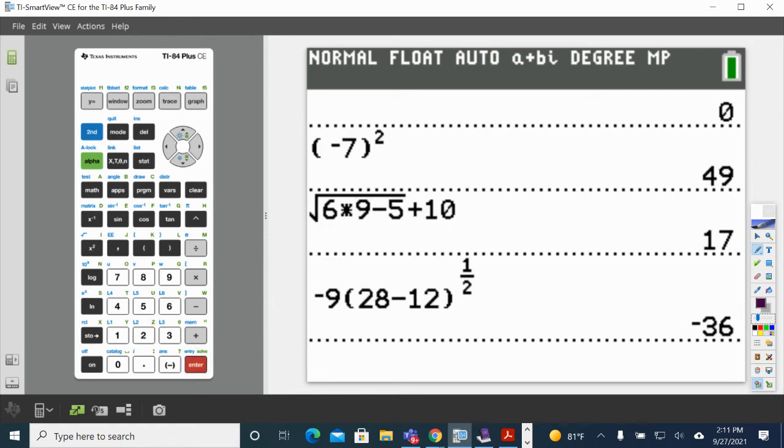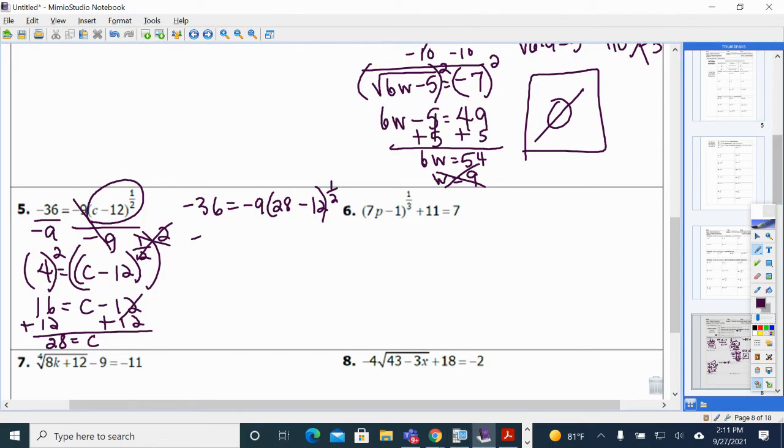And I get negative 36. So negative 36 equals negative 36 checks out. C does equal 28. Let's do number 7.